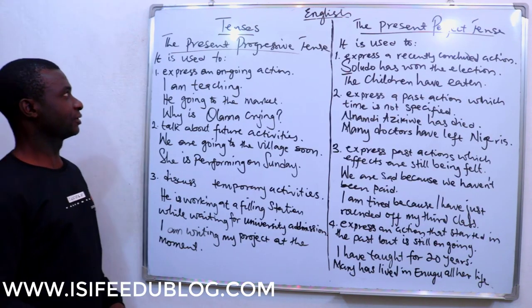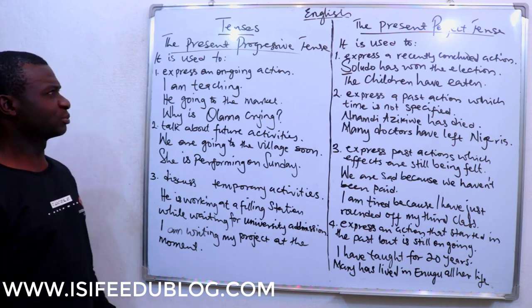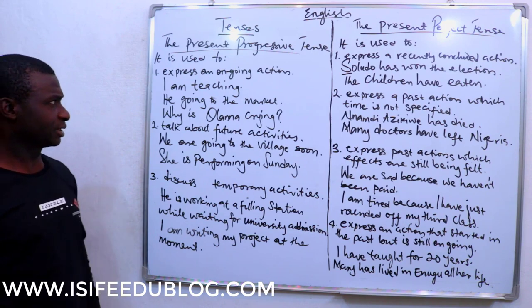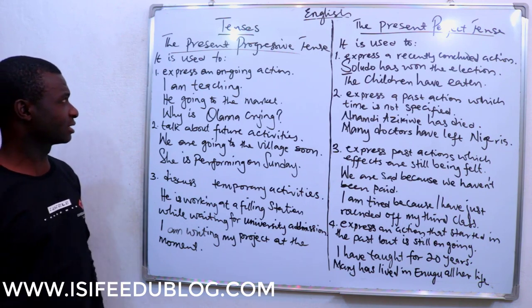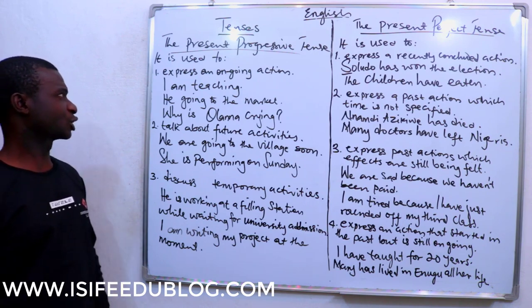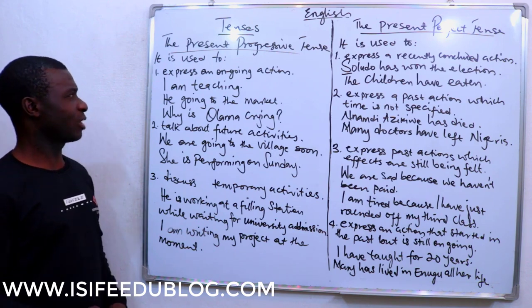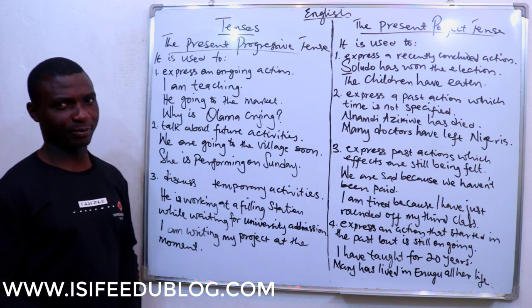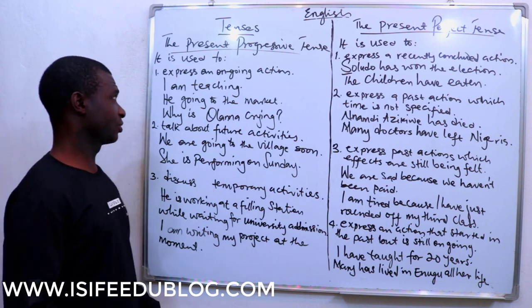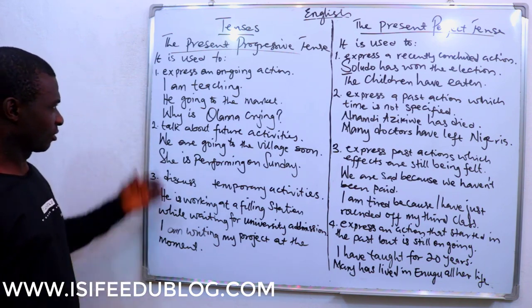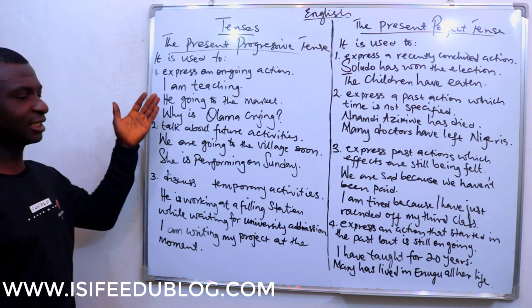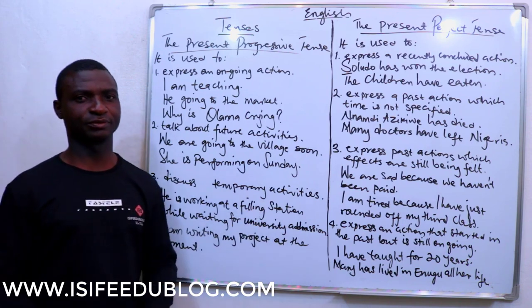As we take the present progressive tense, we use it to express, one, an ongoing action. Of course, typical example: I am teaching.